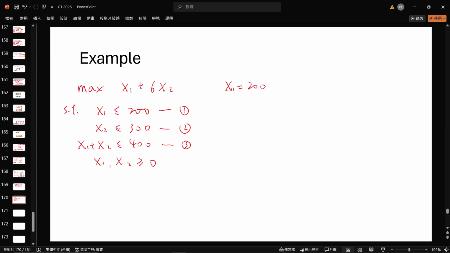So basically, once you set x1 to 200, then you have to follow the third constraint, which says that their sum is at most 400. And this will give you x2 is 200. Okay?